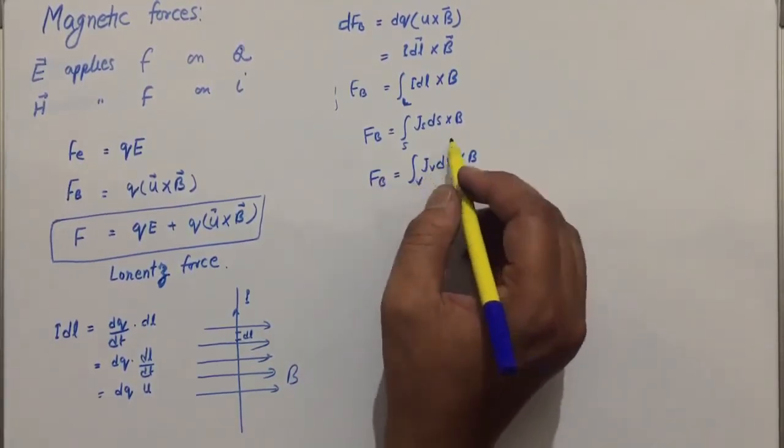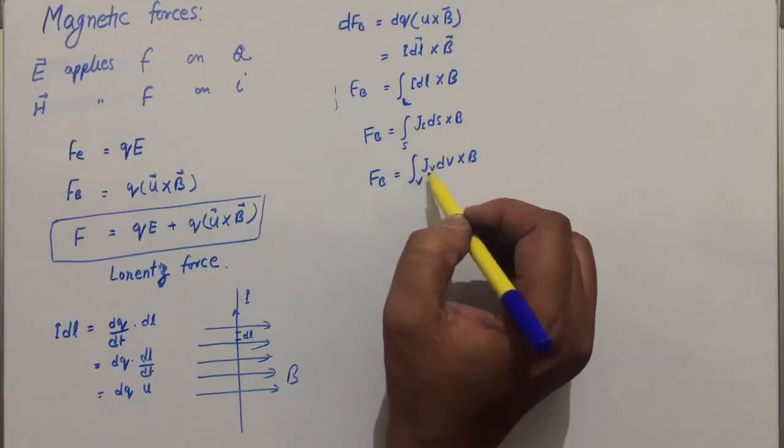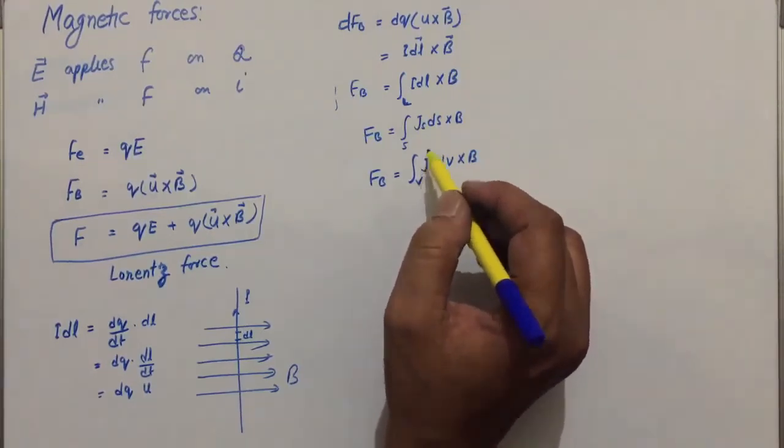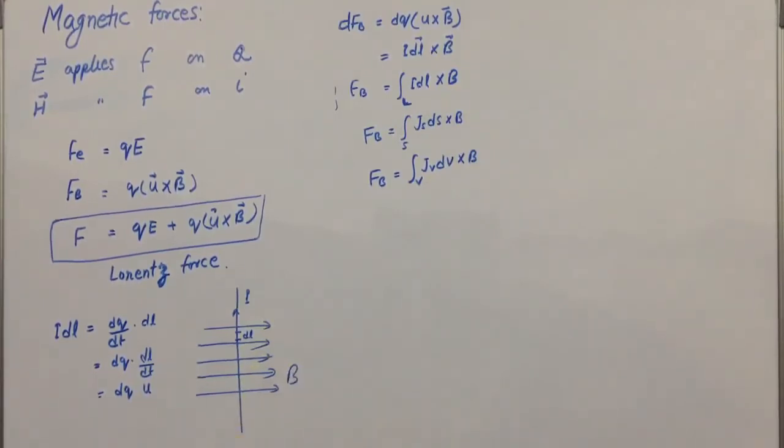So in all the cases, either line current, surface current or volume current, we can find the force experienced on the conductor carrying the current if it is placed in magnetic field B, that is given here. The condition is that B is uniform.